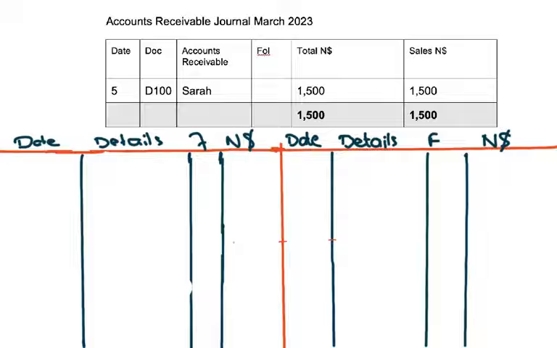But when we post from the accounts receivable journal and all the other journals, we use the end of the month date. We don't look at the specific date of the transaction because we will only post the totals. So in other words, instead of Sarah, I will have an accounts receivable account, and I will have a sales account.